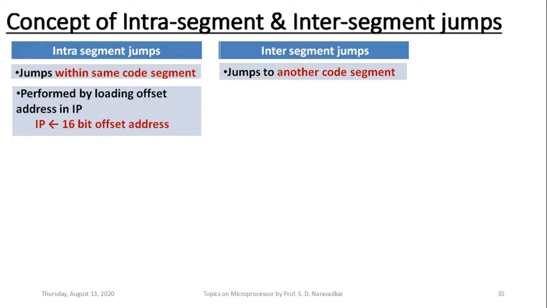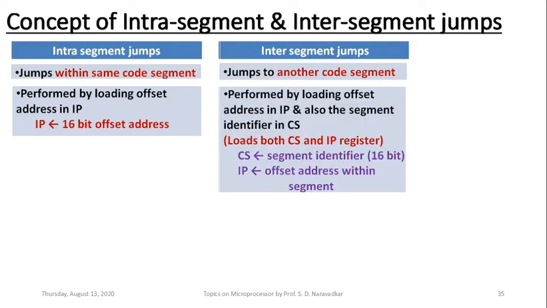Whereas if you go for inter-segment jump here, this is performed by loading the offset address into the instruction pointer register and also a new code segment register value, which is called a segment identifier. It clearly means that in case of inter-segment jump, it loads both registers, that is the CS register and IP register, with new values.